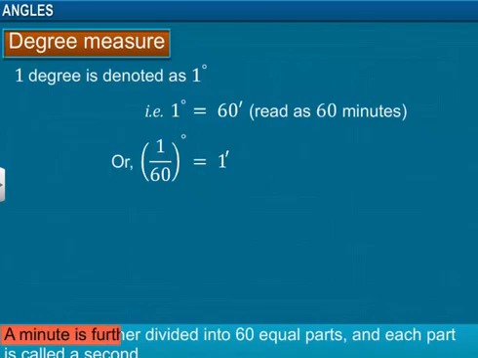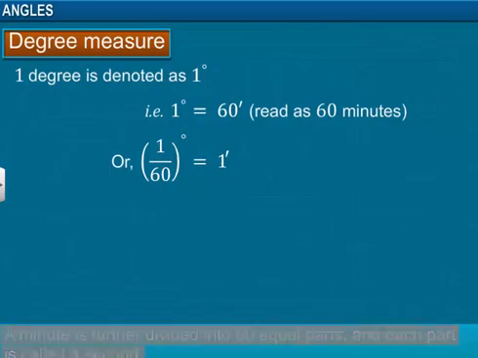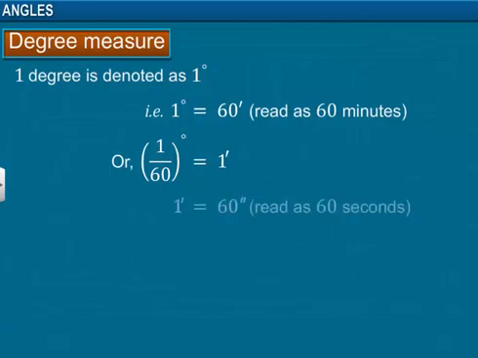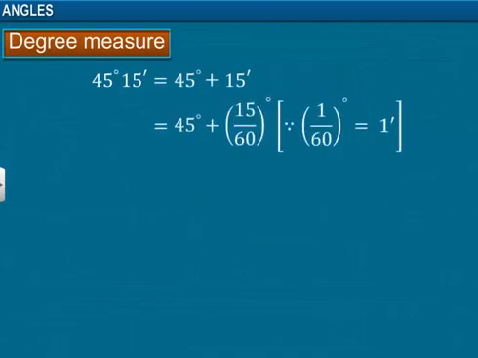A minute is further divided into 60 equal parts, and each part is called a second. That is, 1 minute is equal to 60 seconds, or 1/60th of a minute is equal to 1 second. Using this, 45 degrees and 15 minutes can be written as 45 1/4 degrees.